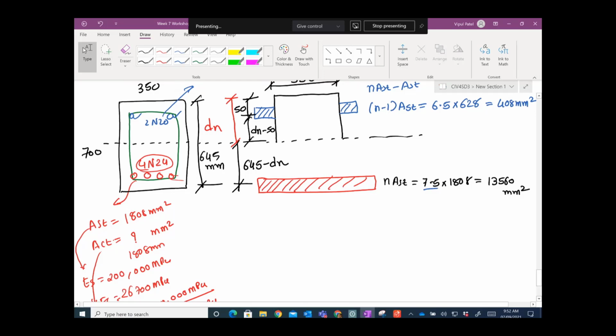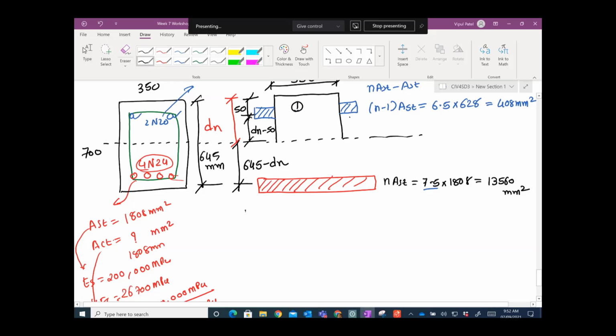Above the neutral axis you have compression, below the neutral axis you have tension. Now we can take the first moment of area. First moment of area means that below the neutral axis and above the neutral axis you have equal moments. That's what the first moment of area represents. So it is like this. How many areas do we have?